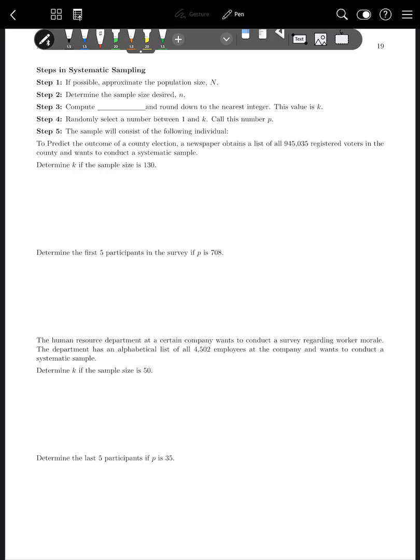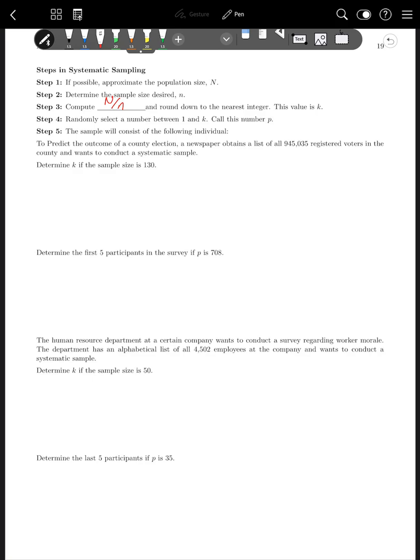So, to do systematic sampling, the first thing you want to do is, if possible, approximate the population size that you're dealing with. Then you want to determine the sample size desired and then compute capital N divided by lowercase n and round down to the nearest integer. This is the value of k. Randomly select a number between 1 and k, call this number p.